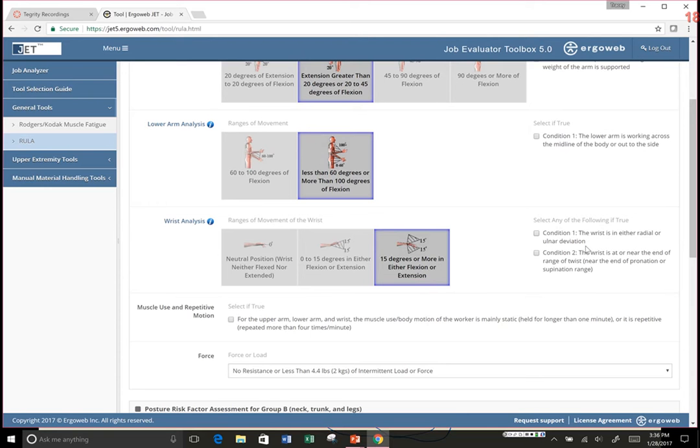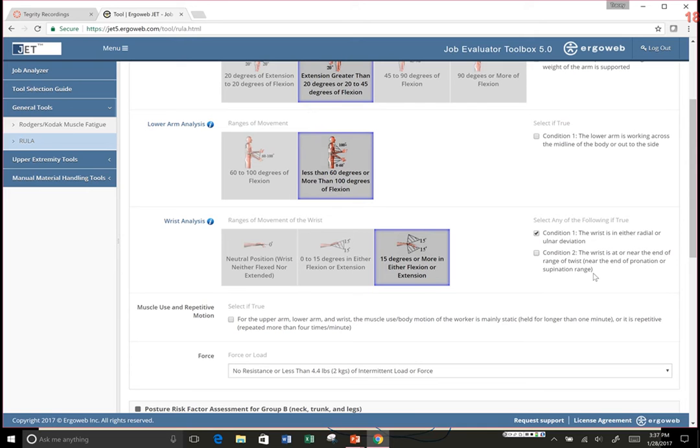But knowing that most people have to use ulnar deviation to use a keyboard, particularly if you're broad shouldered such as he is, I know that almost has to be true, and so I'm going to go ahead and select the ulnar deviation. And then lastly, is he near the end of range of twist? Is he near the end of pronation or supination?